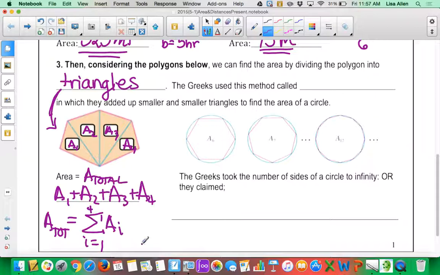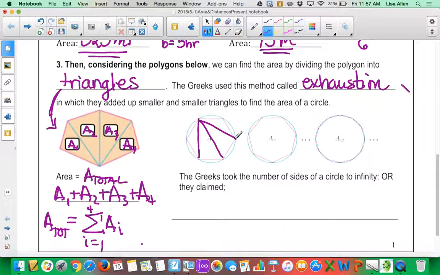So finding the whole by adding up the parts, as we did with the triangles there, the Greeks used a method called exhaustion. It kind of implies that you get tired when you're doing it, I guess, but in exhaustion they added up smaller and smaller triangles to find the area of a circle. If we considered a shape like you see here, we would have 4 triangles that we could find the area of.